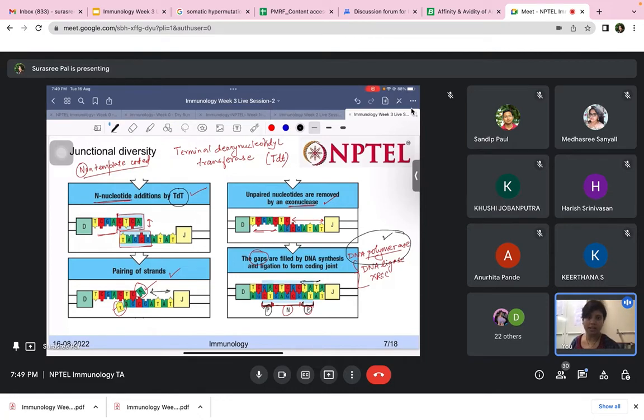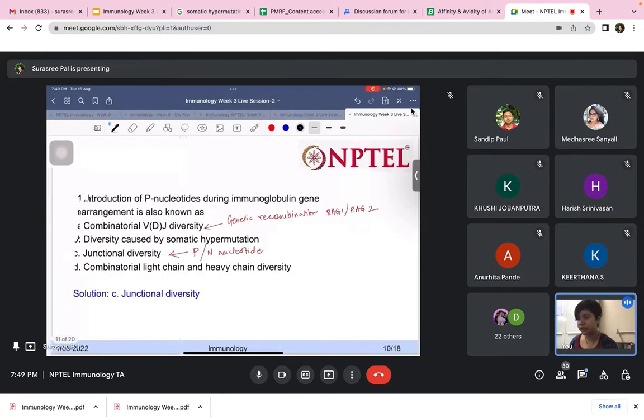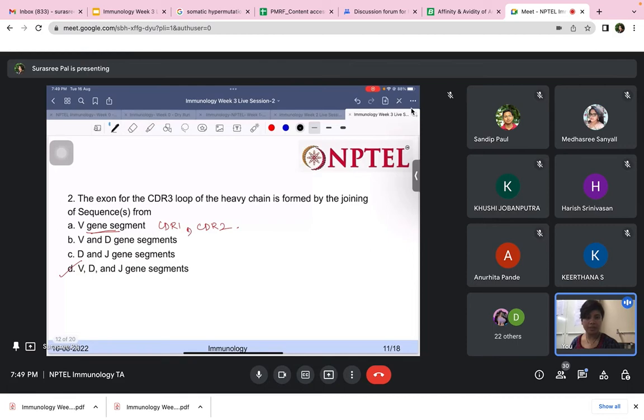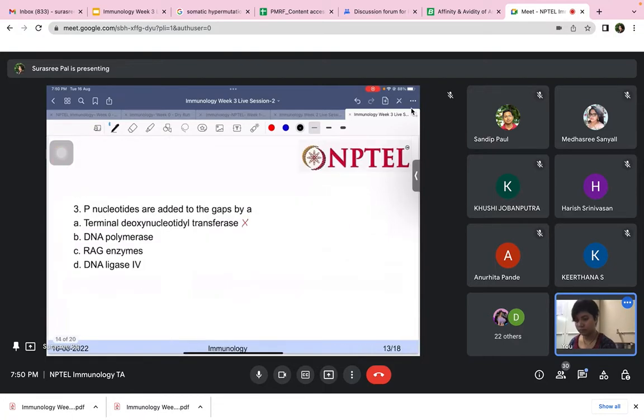The gaps in the P nucleotides are filled by DNA polymerase, whereas the N nucleotides are added by TDT. Okay, is that clear with all of you? Please ask me if there is still any other question.